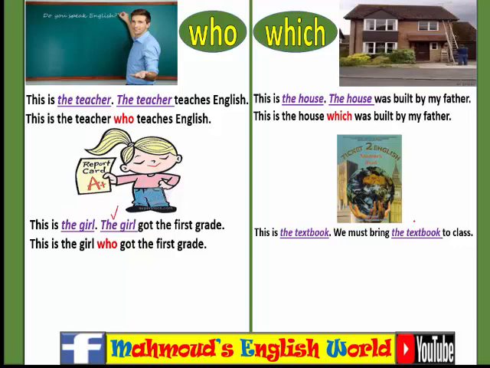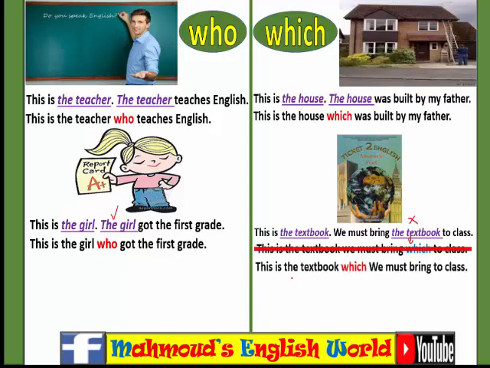So textbook, we should replace it by which here. We're going to say this is the textbook. We must bring which to class, because here we have textbook, so replace it by which. Right? No, it's not correct. Why? This one is not correct, and the correct one is this. This is the textbook which we must bring to class.